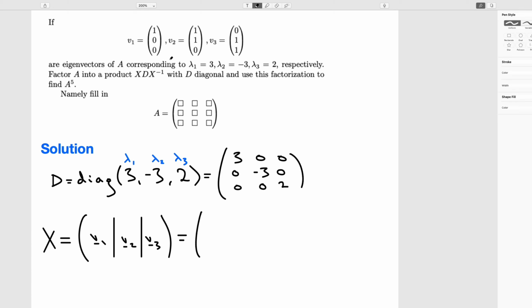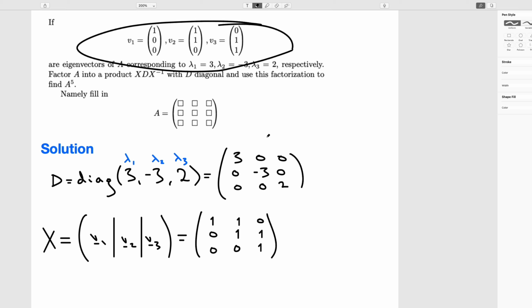But use whatever you use in class or your personal preference. So 1, 0, 0, that's V1, 1, 1, 0, that's V2, and 0, 1, 1, that is V3. Okay, and this is an invertible matrix. These eigenvectors are basically a basis of our R3.